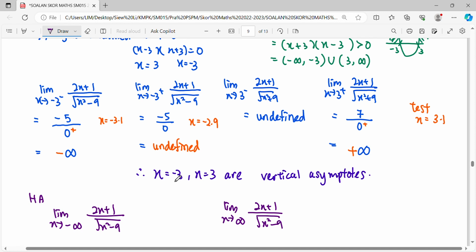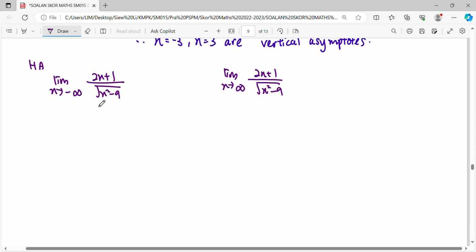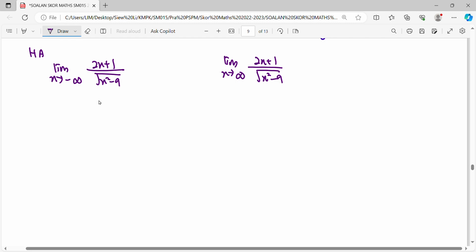As we substitute infinity into the function, you can notice that we get an indeterminate form, infinity over infinity. To simplify this situation, we're going to divide according to the square root.